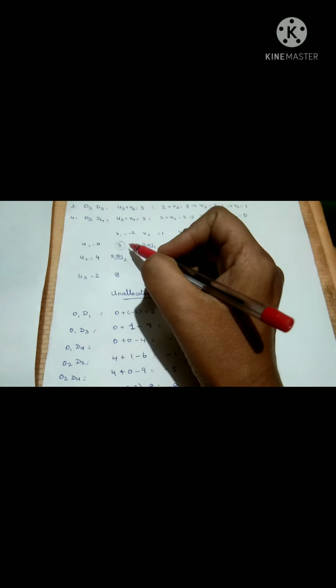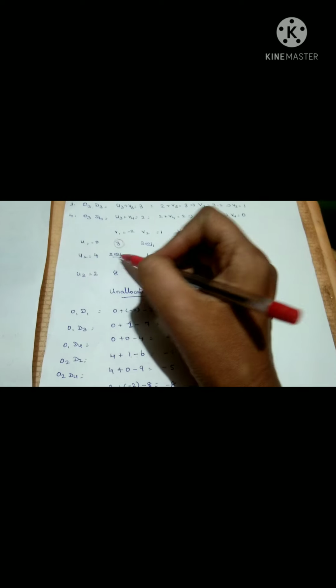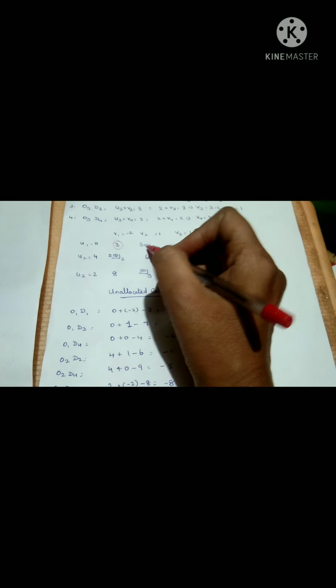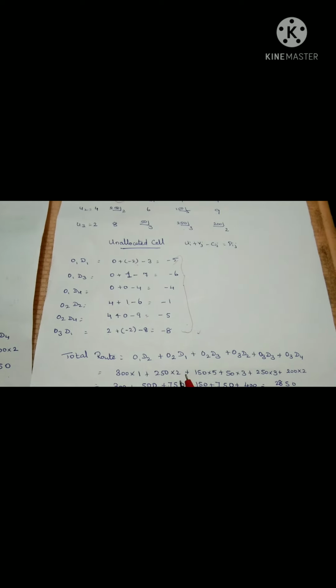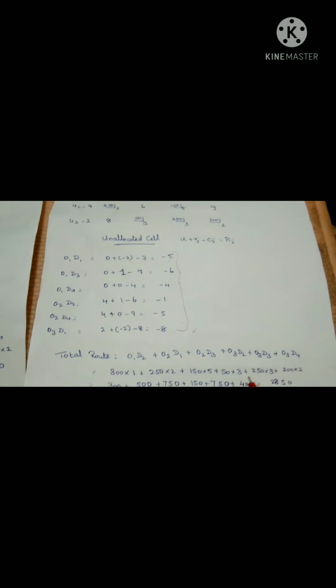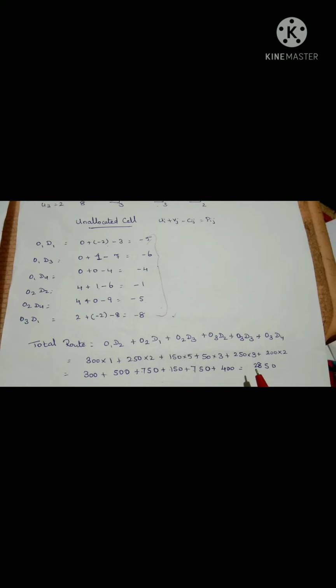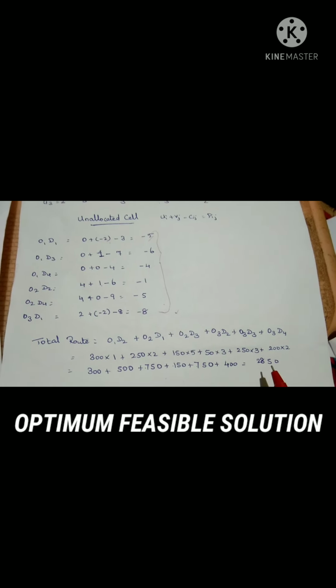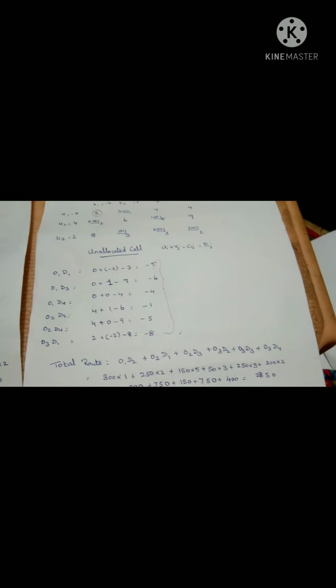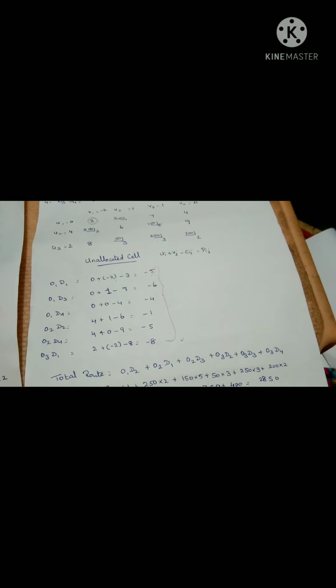Here I have allocated 250 into 2, 300 into 1. I have found 300 into 1 plus 250 into 2, the same thing, and found the optimum feasible solution as 2850. So this is about the UV method. Thank you.